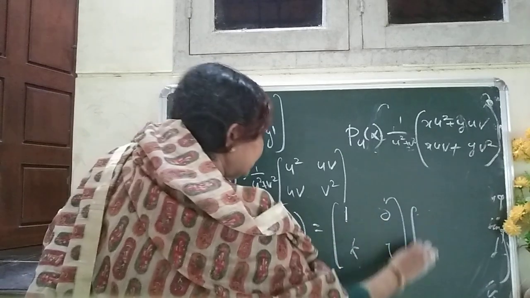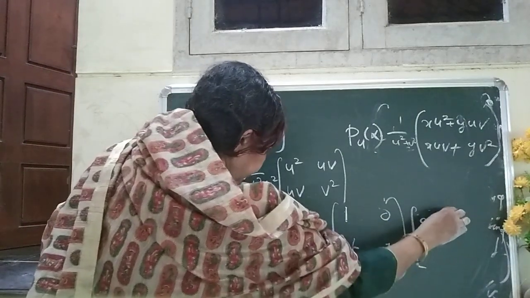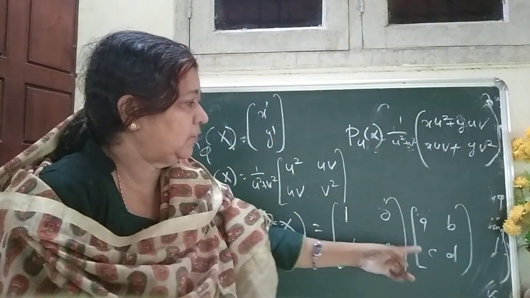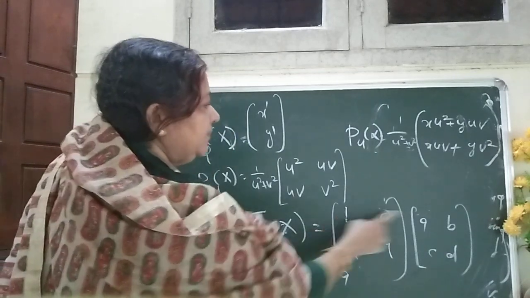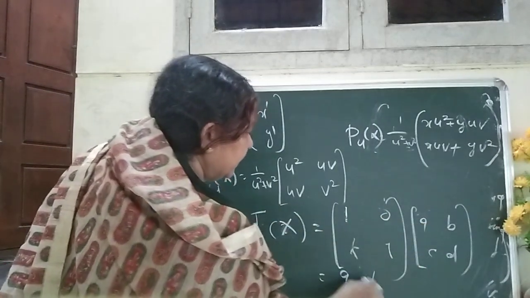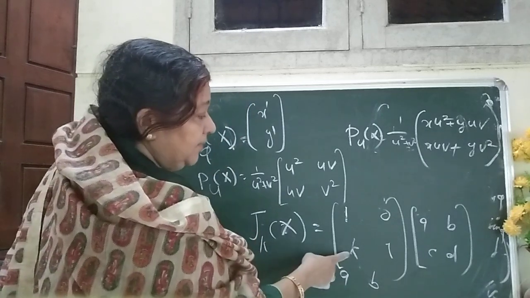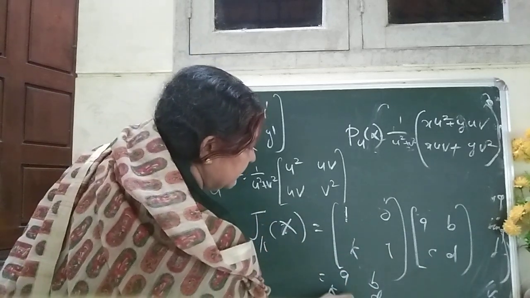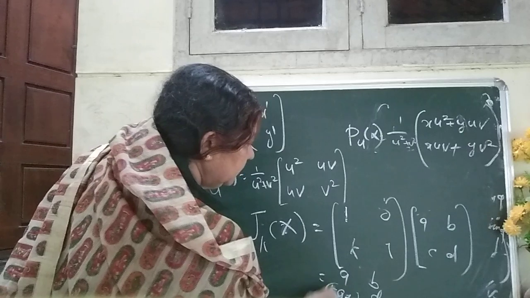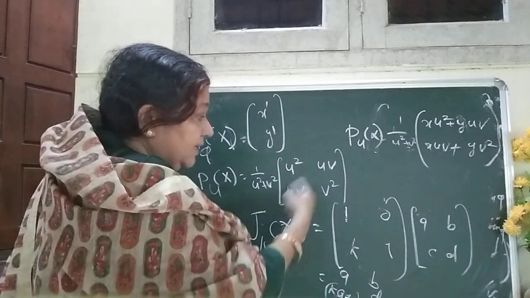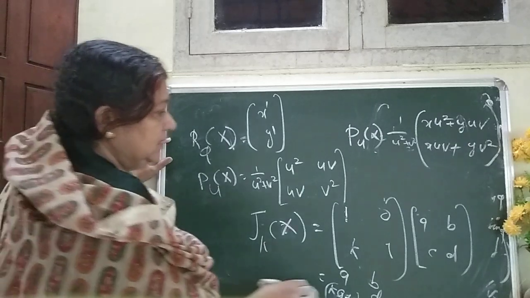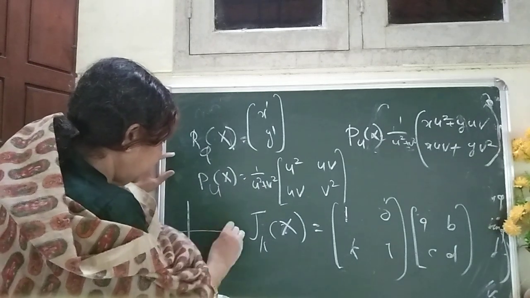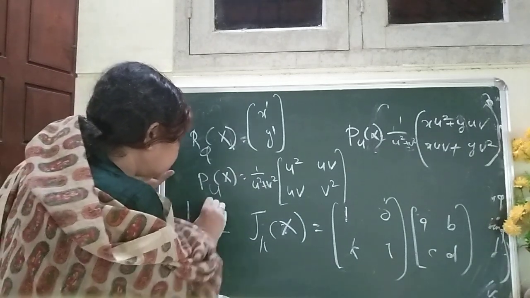If we transform (A, B), we get 1 into A plus 0 into B, that is A, and the image is 1 into B plus 0 into D, B. There is no change in the upper coordinate, but the other changes to Ka plus C. So one of the transformations is the shear transformation. This is the form.